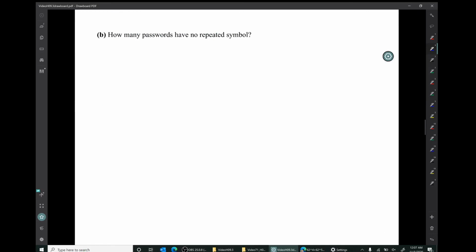Question B. How many passwords have no repeated symbol? Well, then let's introduce symbols for this case as well. Now we're interested in passwords that are 4 characters long, or 5 characters long, or 6 characters long, but with no repeated symbols. So let's use very similar symbols to what we had before.